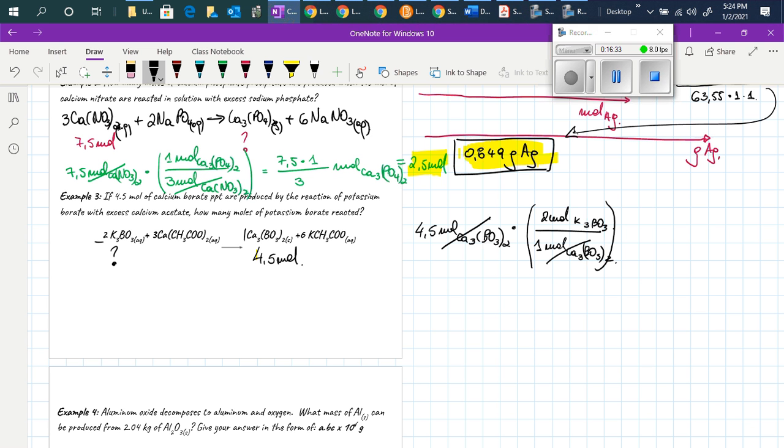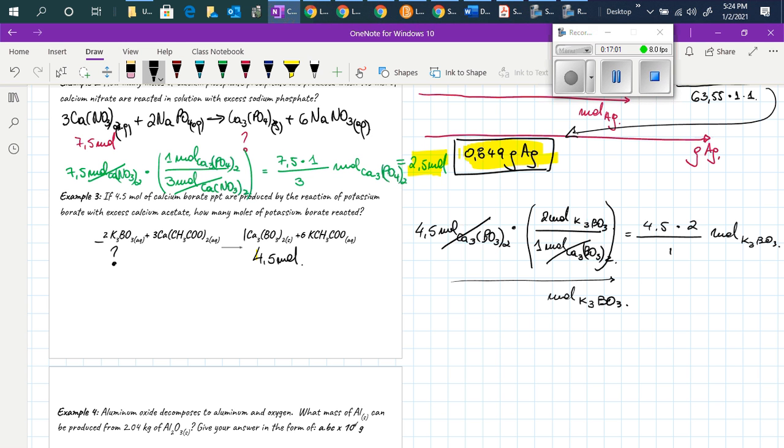So moles of calcium borate is cancelled out. And then what you have here as the units is moles of potassium borate. And this is what you are looking for. So it will be 4.5 times 2 over 1 in terms of the numbers. And the units will be moles of potassium borate.